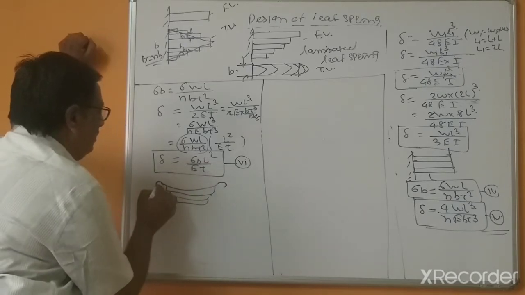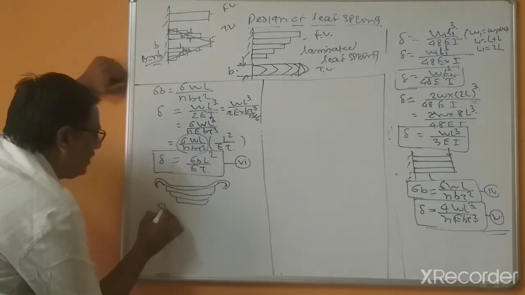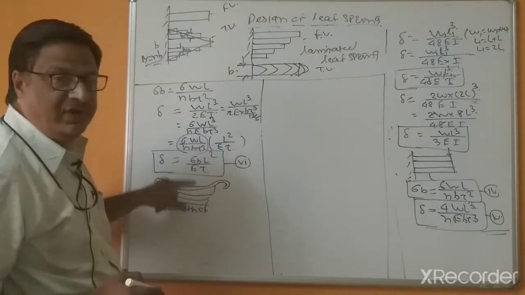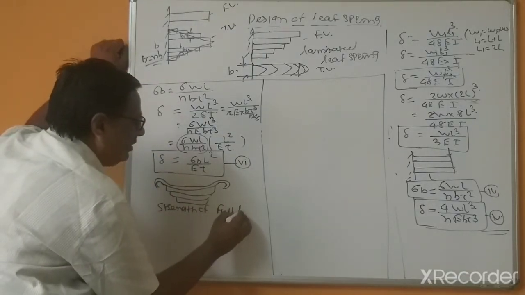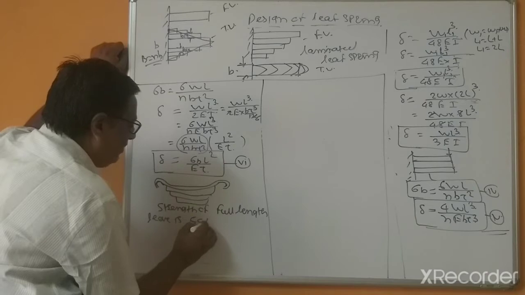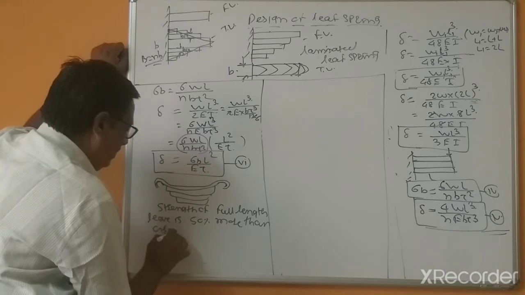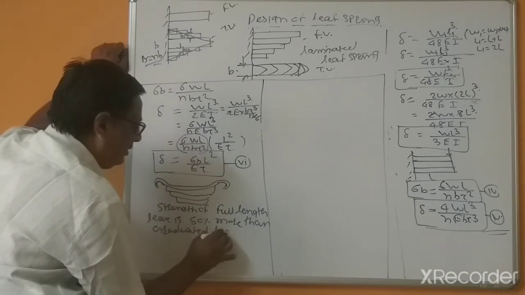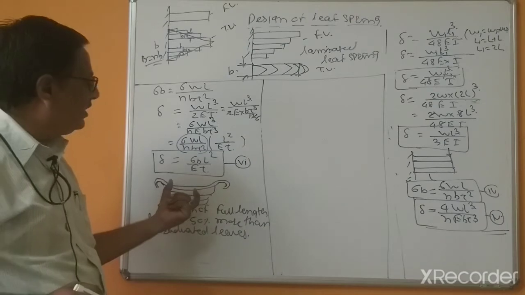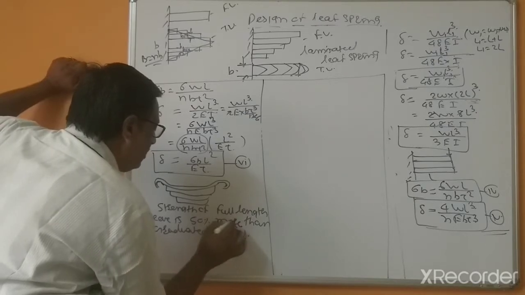So that's why the strength of the full length leaves is 50% more than the graduated leaves, because the graduated leaves are those having less than the full length.